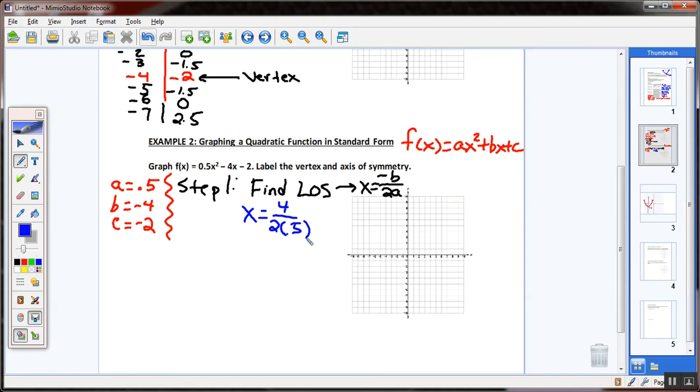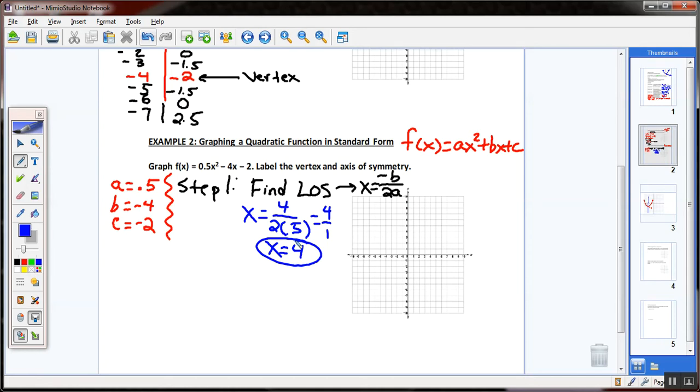What is 2 times 0.5 in the bottom? 1. My line of symmetry is going to be at 4 divided by 1, which is what value? 4. So you're going to be at x equals 4. We found our line of symmetry.